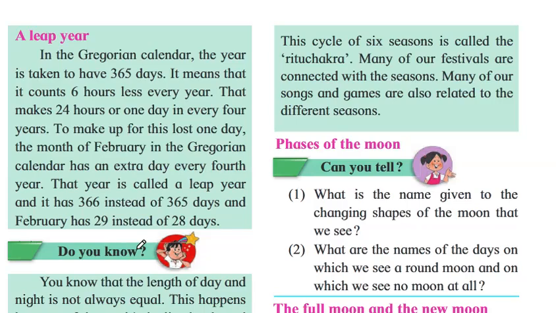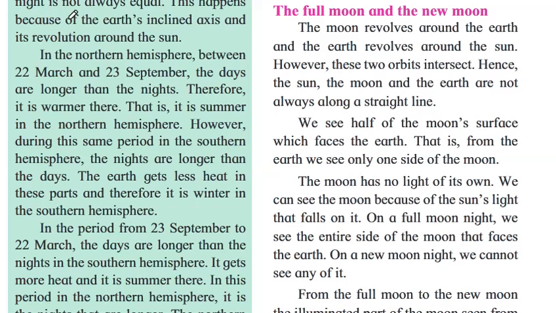Do you know that the length of day and night is not always equal? This happens because of the Earth's inclined axis and its revolution around the sun.